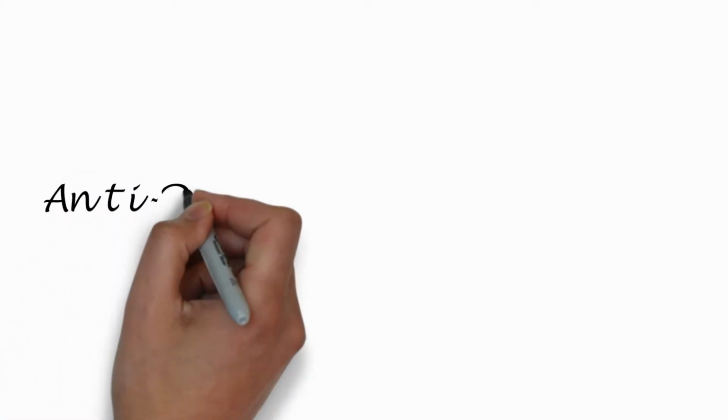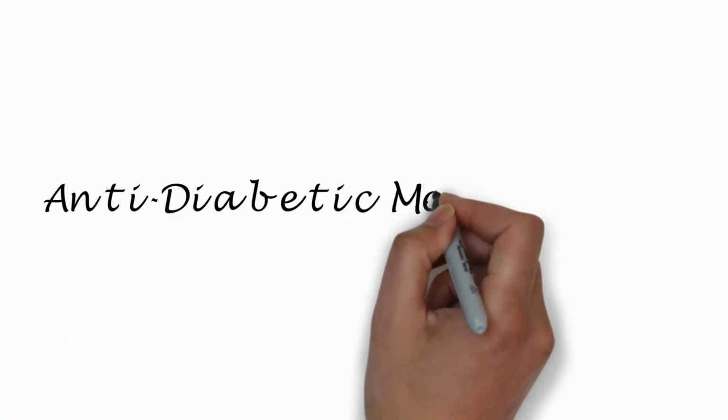In this video, we will discuss the anti-diabetic medications used in type 2 diabetes. Let us first take a look at the group of drugs which will be discussed in this video.